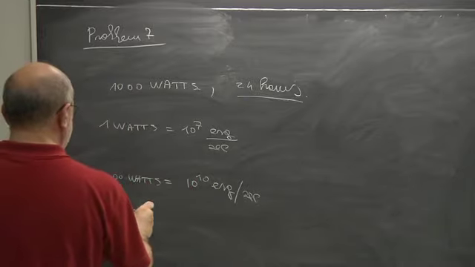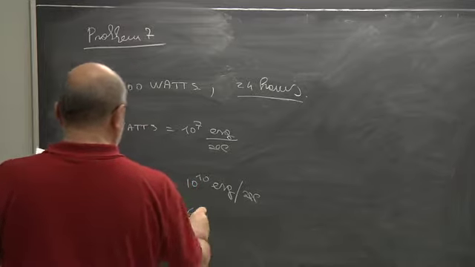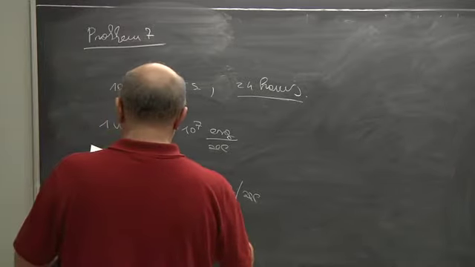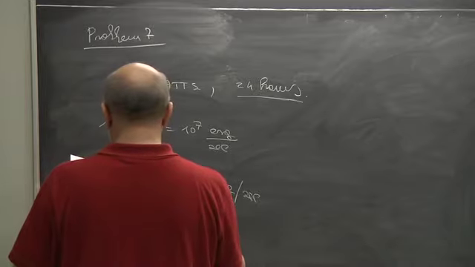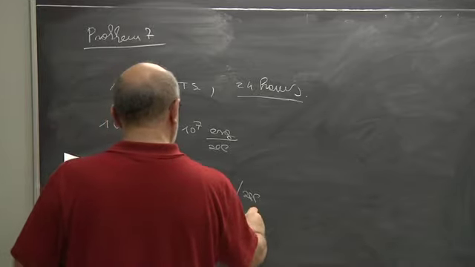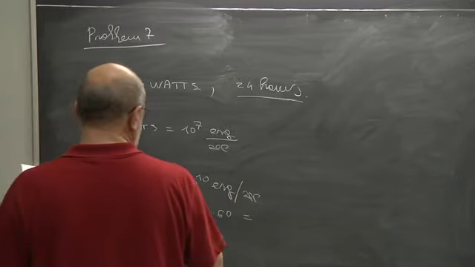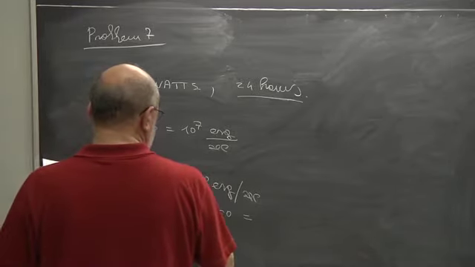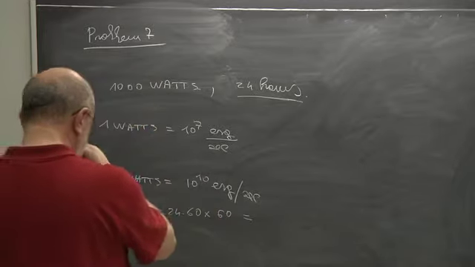1 day is 24 hours times 60 minutes times 60 seconds. In an hour there are 60 minutes. In each minute there are 60 seconds, so I made a mistake here.